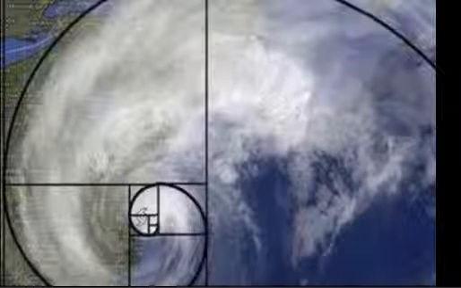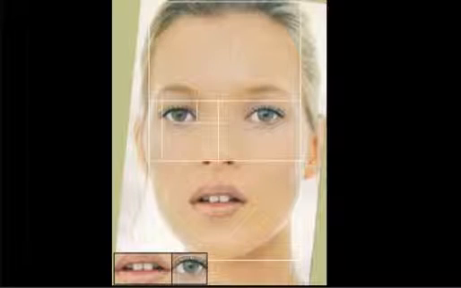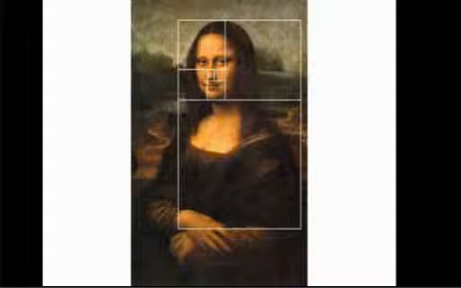Faces, both human and non-human, are bound with examples of the golden ratio. The mouth and the nose are each positioned at golden sections of the distance between the eyes and the bottom of the chin. Similar proportions can be seen from the side, and even the eye and the ear itself, which follows along a spiral. The most famous example is probably the Mona Lisa.